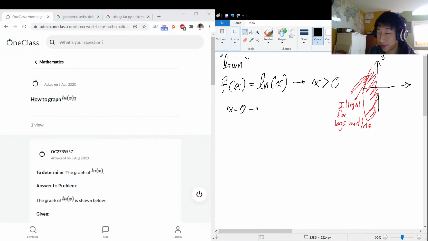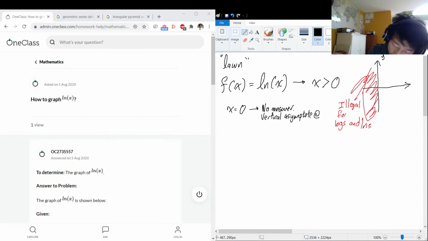We only need to draw basically half a graph. So, if x is equal to 0, we know that this is no answer, which means we have an asymptote, a vertical asymptote, at x equals 0.